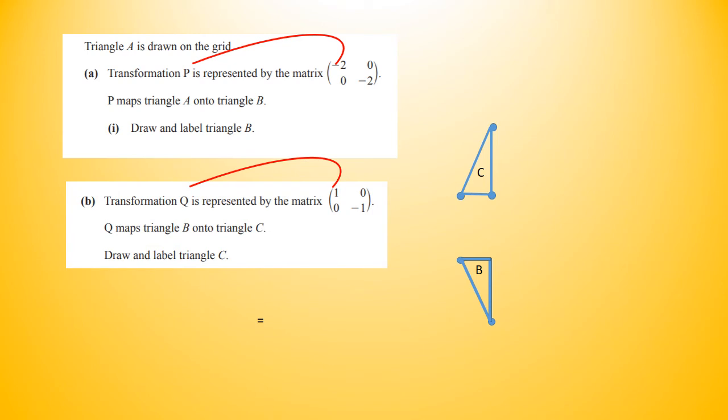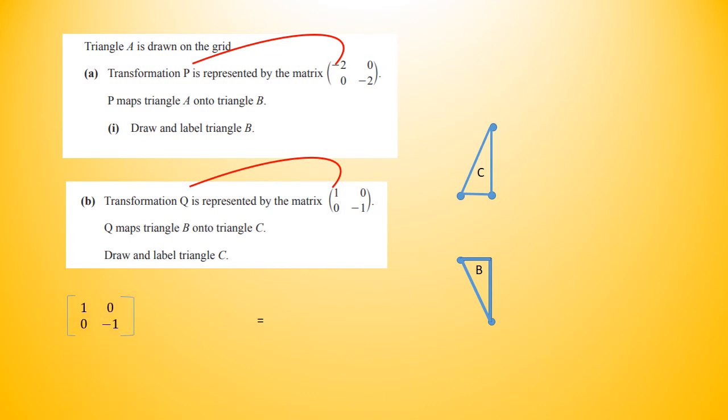The continuation of the question: transformation Q is represented by the matrix 1, 0, 0, -1. Q maps triangle B onto triangle C. Draw and label triangle C. This is similar to the previous part of the question.